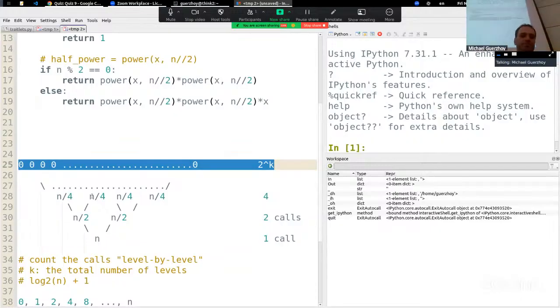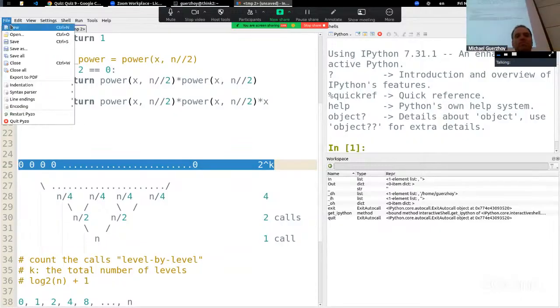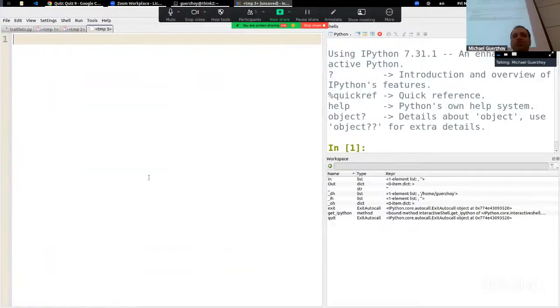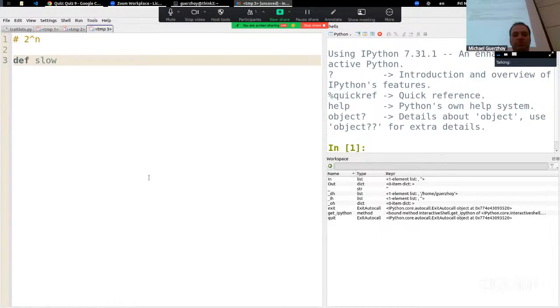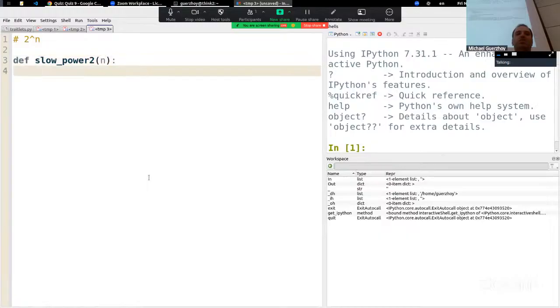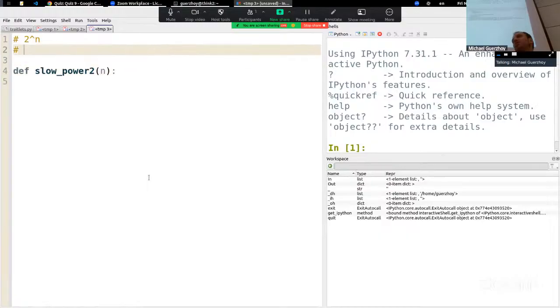Let's do another one. Let's say that I want to compute 2 to the power of n. So multiple ways of doing it, but here is like a silly way of doing it. I can say that 2 to the power of n is equal to 2 to the power of n minus 1 plus 2 to the power of n minus 1.